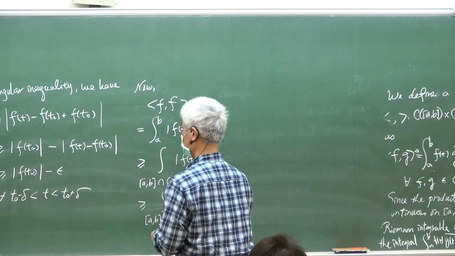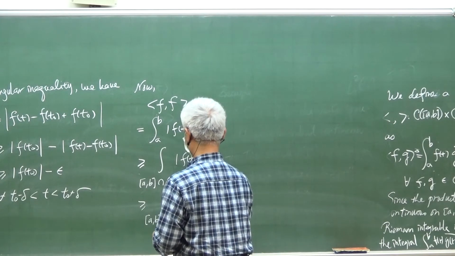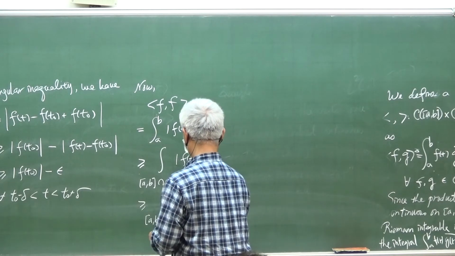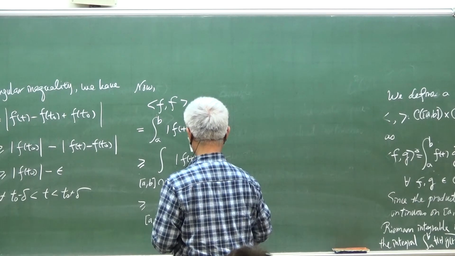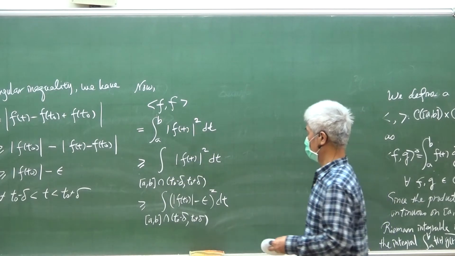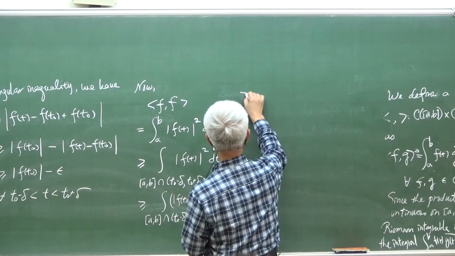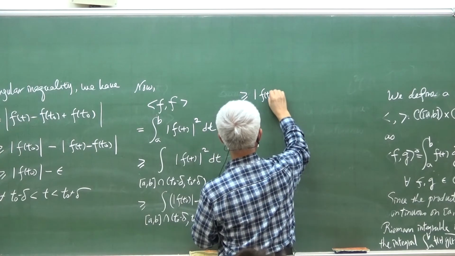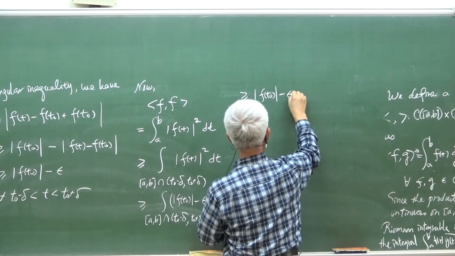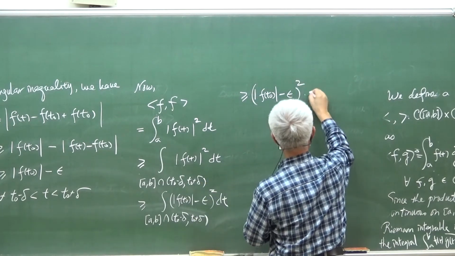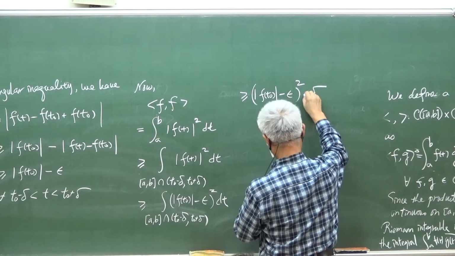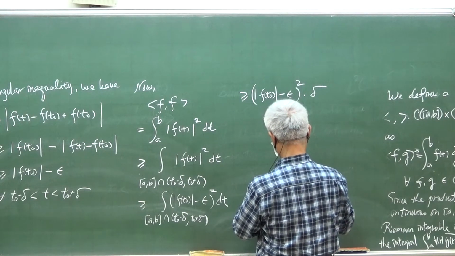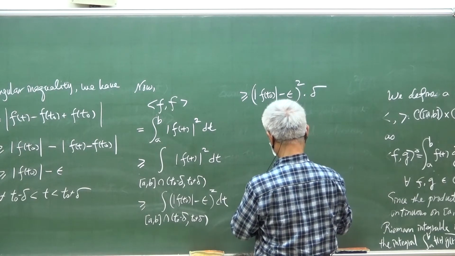So this is the integral of f of t0 minus epsilon squared dt. Right, and so the lower bound would be f of t0 minus epsilon squared times delta. Okay?